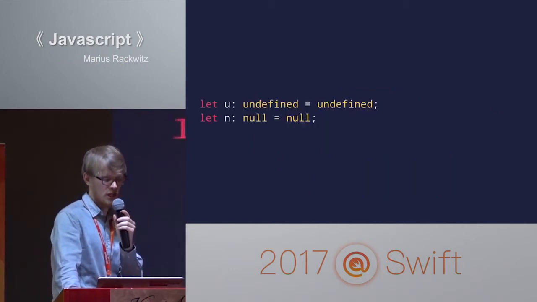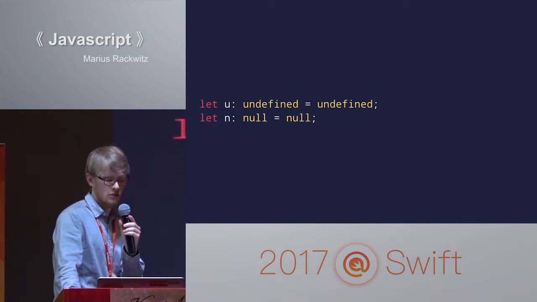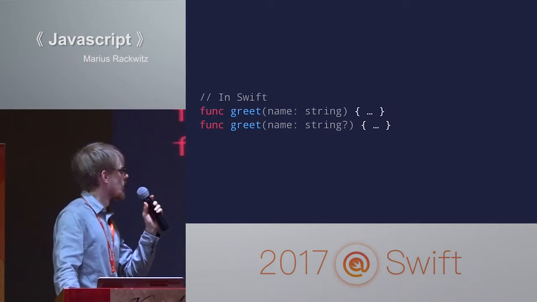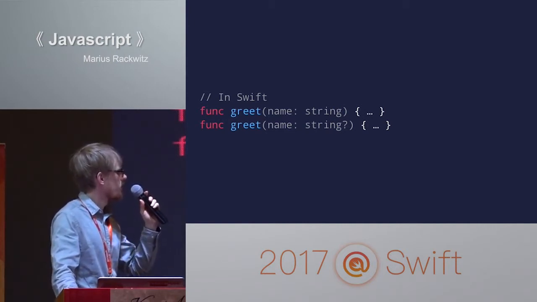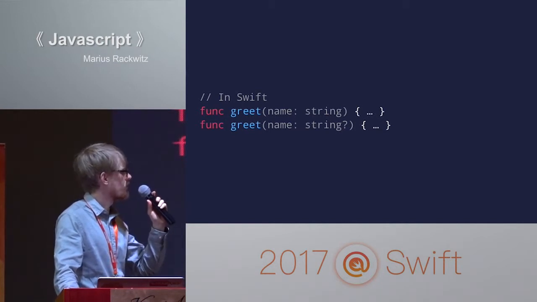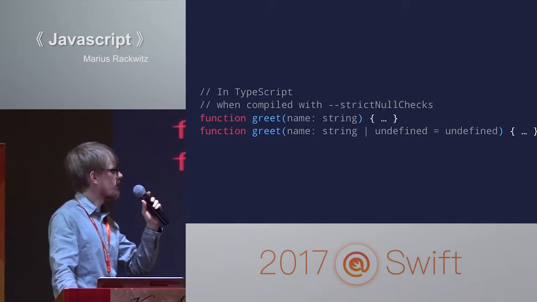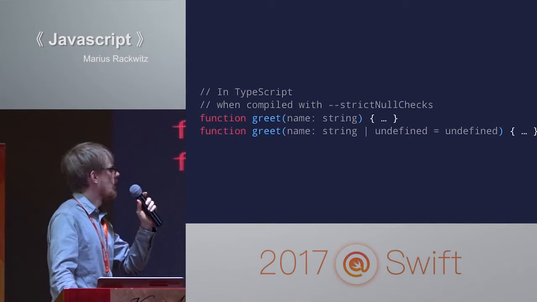This has two different explicit types for both of them, and when we would like to make use of optionals, something which we would write in Swift like this, where we have an optional parameter, could be implemented by using these types and the concept of union types by unifying string and undefined into a more complex type.